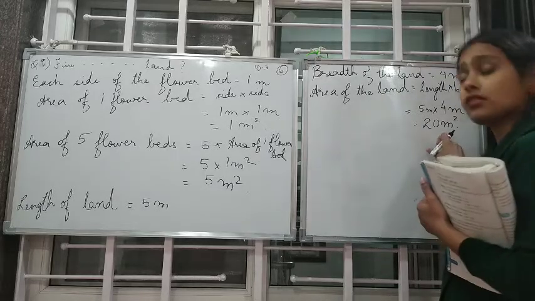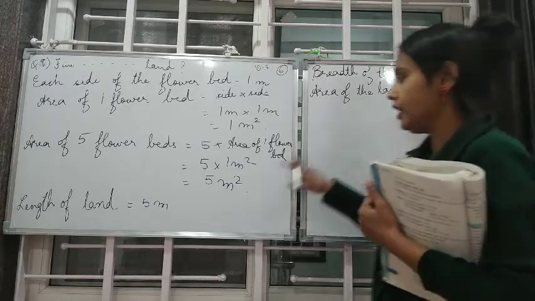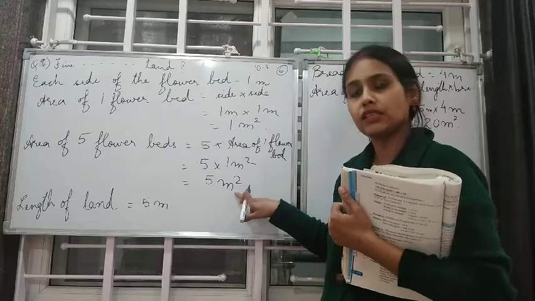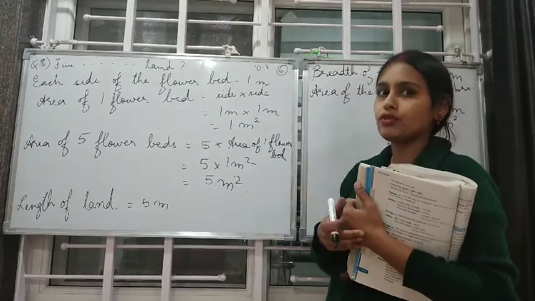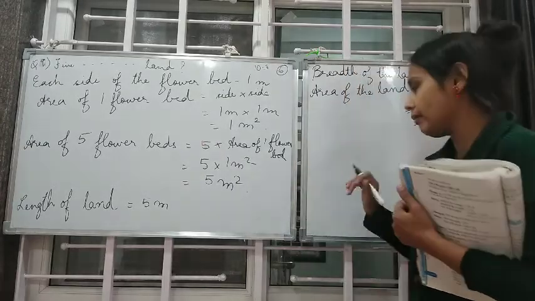Now from this area, we will remove the area of the beds, that is 5 flower beds. We will come to know the area of the remaining part of land.